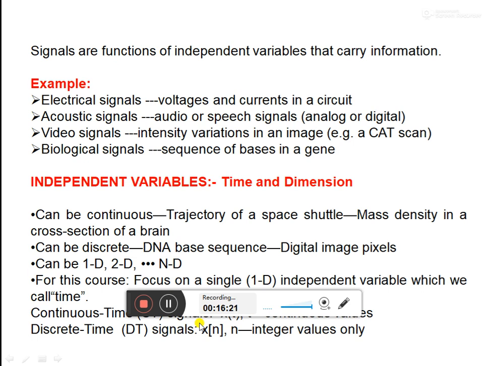For any signal, the x-axis is occupied by time and the y-axis is occupied by the amplitude in the time domain representation of the signal. So we are going to define the signals using the time domain representation with the independent variable time.